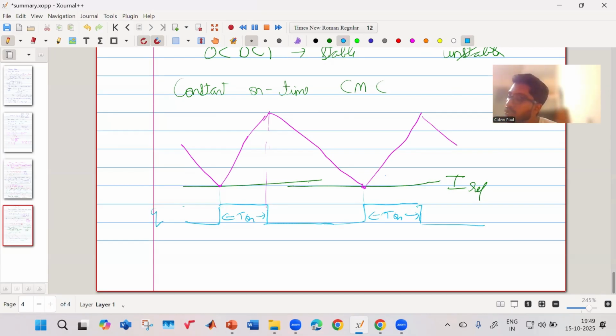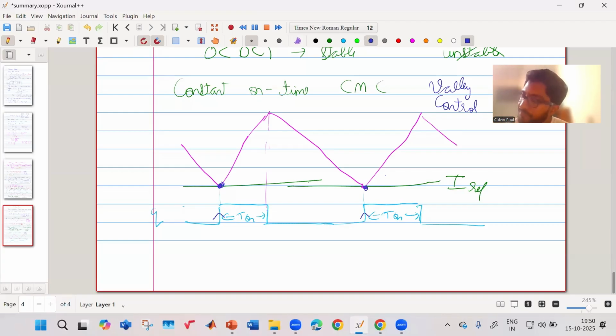So what is being controlled here? You are changing the status depending on when it touches the valley. So this is like a valley control. You're controlling the valley of your current. And the instant when it is turned on depends on when it intersects with your valley reference.